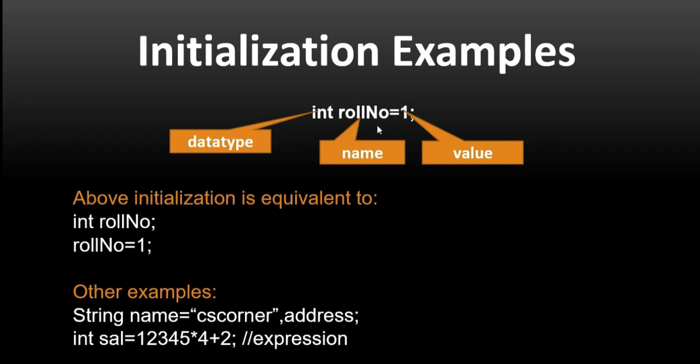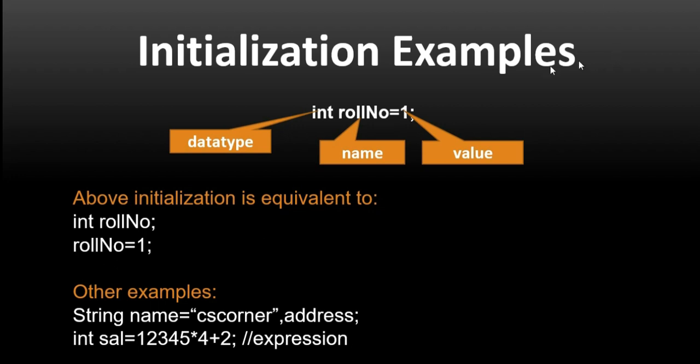Another thing I would like to focus on over here, I'm using camel case for declaring variables. That is one convention in Java. If you have a variable with more than one word, you write the first letter of the first word small, then the subsequent word's first letter should be in capital. That is camel case, which is followed in Java.